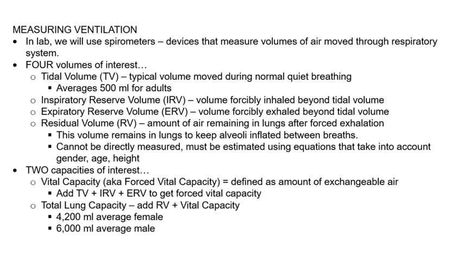And finally, we have total lung capacity, in which we add residual volume to vital capacity, which means that total lung capacity is simply the sum of all 4 of those volumes of interest. Typically, it averages about 4,200 milliliters for a healthy typical adult female, and about 6,000 milliliters on average for a typical healthy adult male.